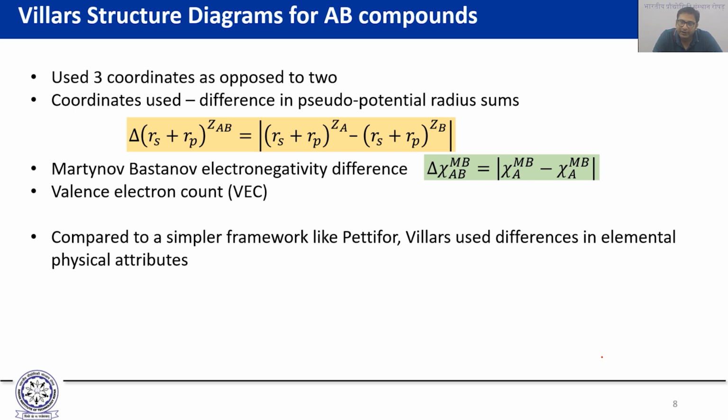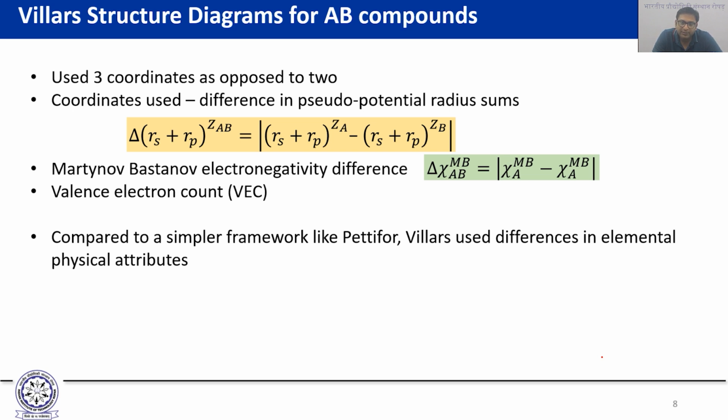In case of Pettifor, all of the structure maps were plotted on a 2D plane, the chi-A, chi-B plane. In case of Villars, there were going to be 3 coordinates. The way he chose the coordinates was also significantly different from Pettifor. And this is something to note because as we go forward and start taking up case studies in machine learning, you will notice that there are different ways in which you can add in features.